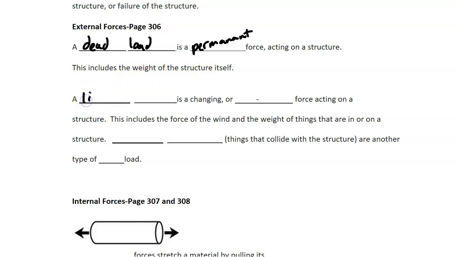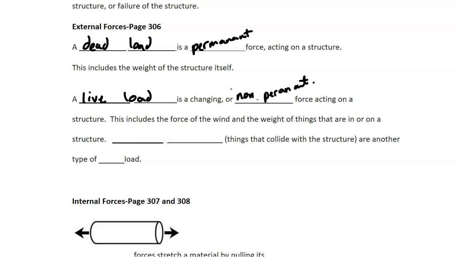And the second one is a live load. Now a live load is a changing or non-permanent force acting on the object. So for example, me hitting an object would be an example of a non-permanent force. Or me sitting in the chair.